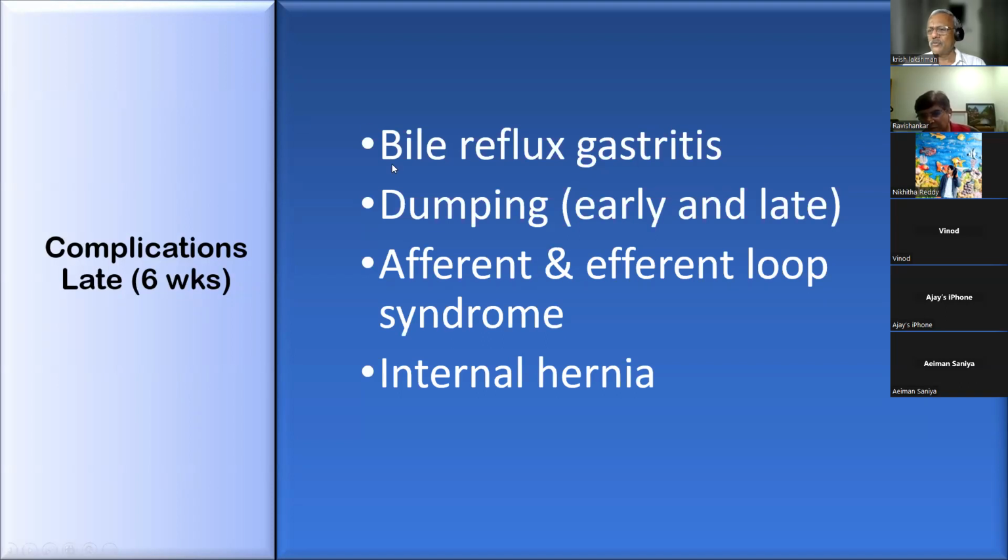If it happens in the first 2 to 3 weeks and the patient empties the bowel well and gets back to normal activity, it may not trouble. But if the reflux persists for a long time, then it can be real trouble. That's why I put it under the late category. It can happen early also. Please remember that.